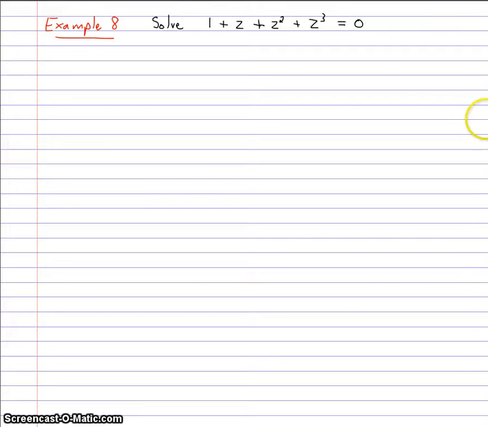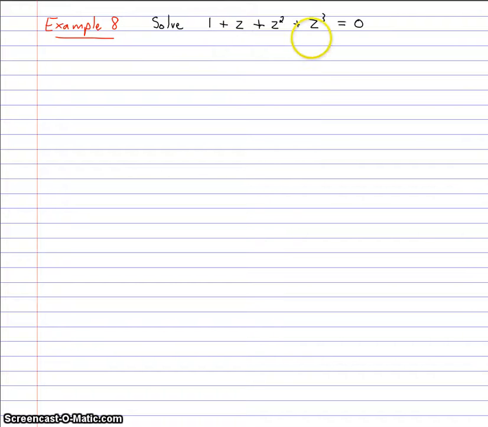Okay, now this type of equation is a little bit different. Let's just think for a minute, what does this look like on the left hand side? As we study it, we notice that we've got 1, then a power of 1, then 2, then 3. This one here could be considered as z to the power of 0.